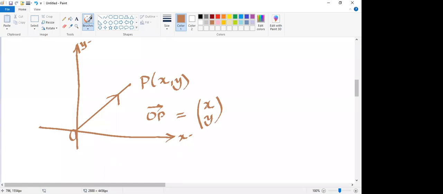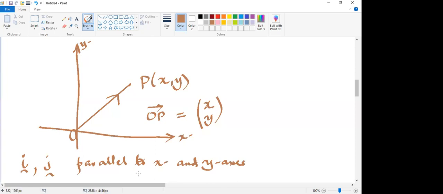I can also state it using the unity vectors I and J. These are vectors parallel to the x-axis and also the y-axis.